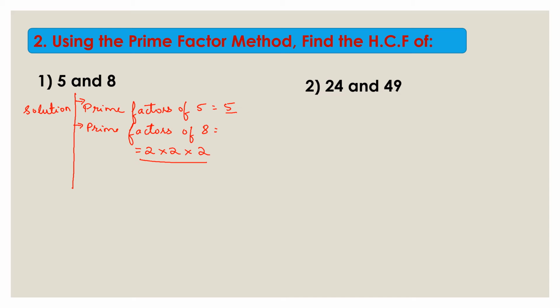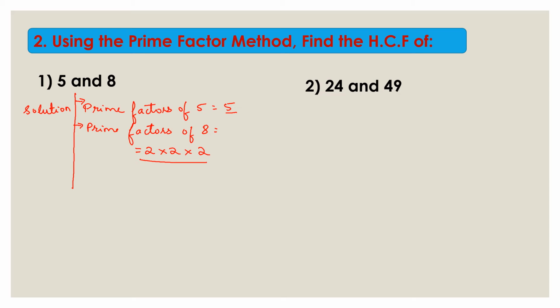There are no common factors present. Children, they are co-prime numbers where you don't find common factors in 5 and 8.